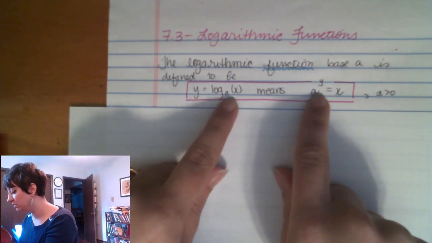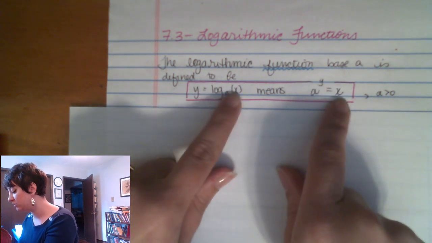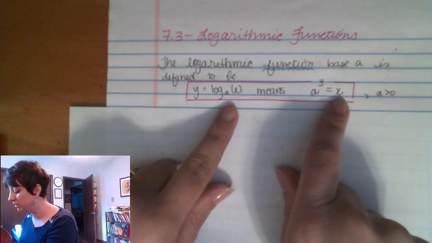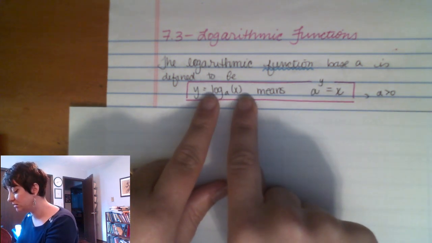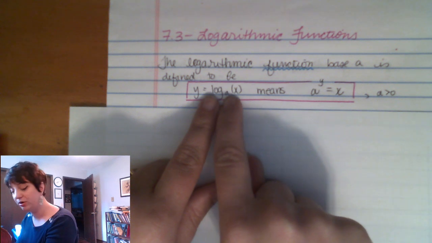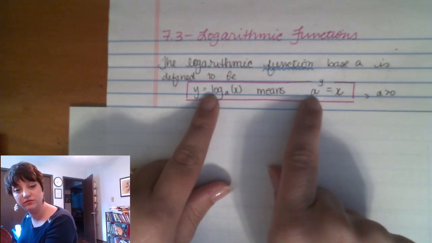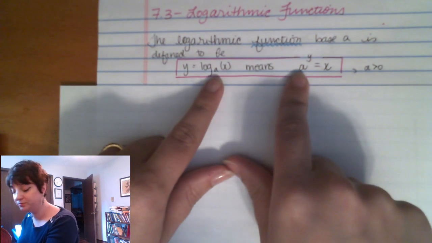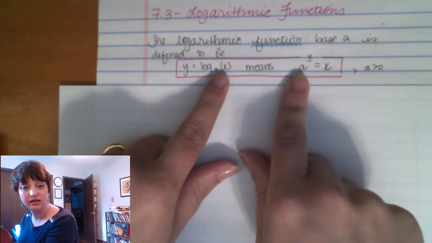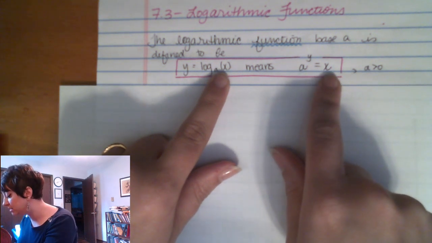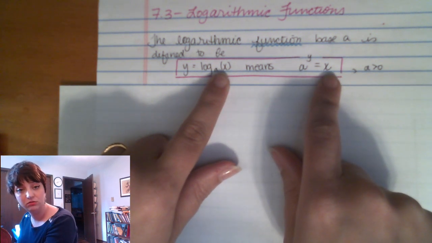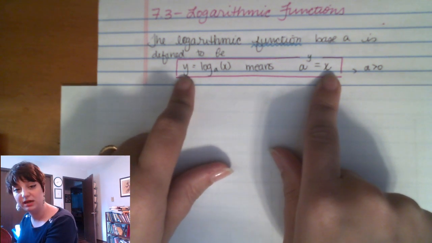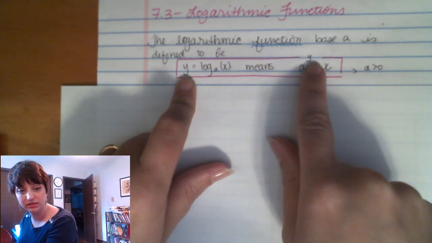So a to the y equals x. What's happening here? Log base a of x has a parameter a, and in terms of an exponential, that a is the thing we raise to a power. It takes in an x, and that x is the thing that comes out once I evaluate something to a power. And my logarithm spits out y, and in the exponential, y is the power.